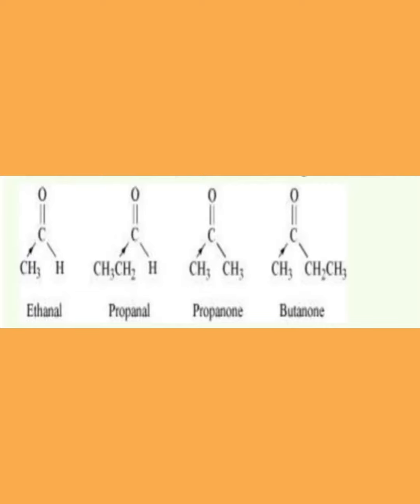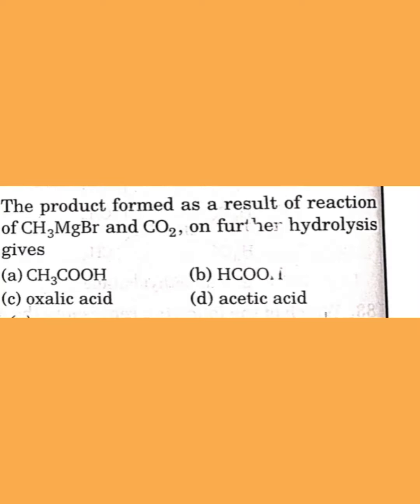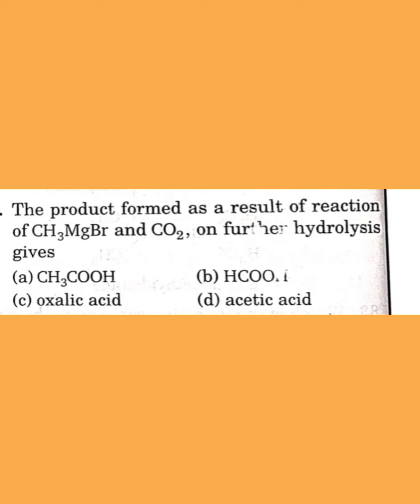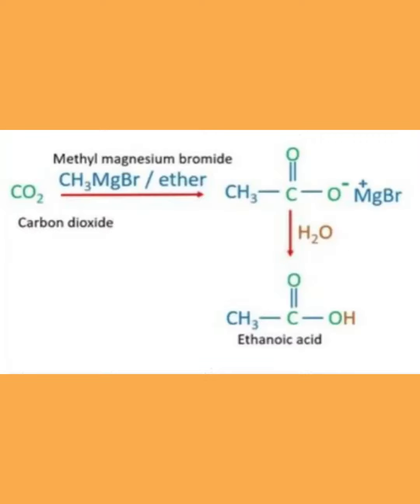The next question is, the product formed as a result of reaction of CH3MgBr and CO2 on further hydrolysis gives options: CH3COOH, HCOOH, oxalic acid, acetic acid. The correct answer is option A, CH3COOH.